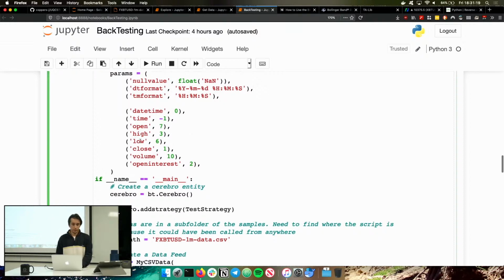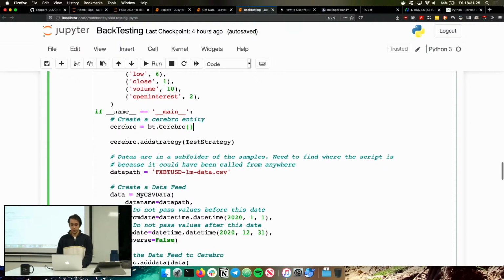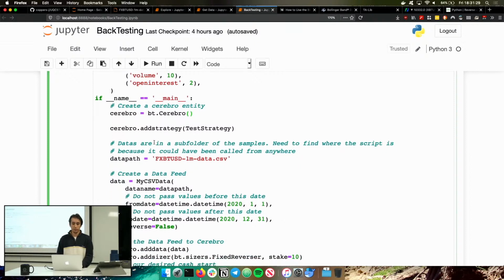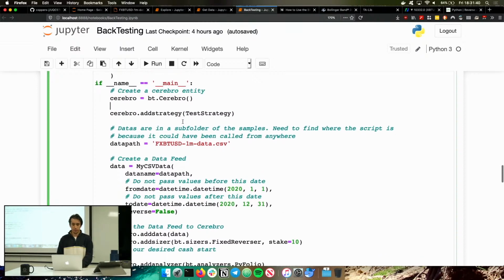After defining which column is which, we'll go in and create, I guess, the state machine for Backtrader to be able to run this strategy that we've defined. So we create a Cerebro, which is just what they call this sort of, I would call it a runner, that runs the steps through the state machine.